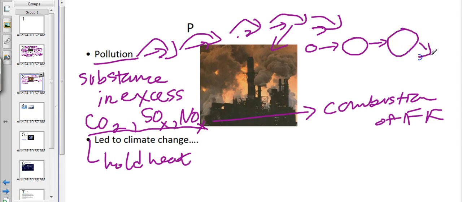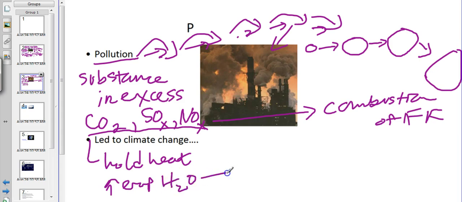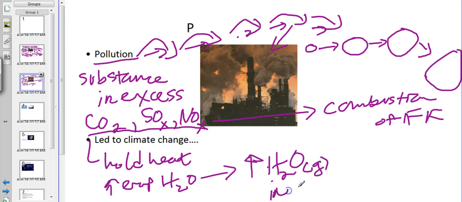Holding heat in the earth creates even more problems because most of the earth is made of water, and as a result of water and heat, you bring that together, then the water gets warm, you have an increase in evaporation of water, okay? So then you get an increase in water vapor. That's G for gas in the atmosphere.